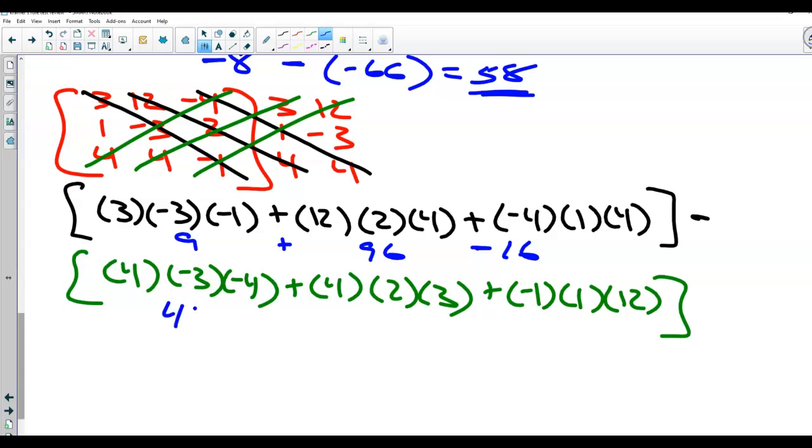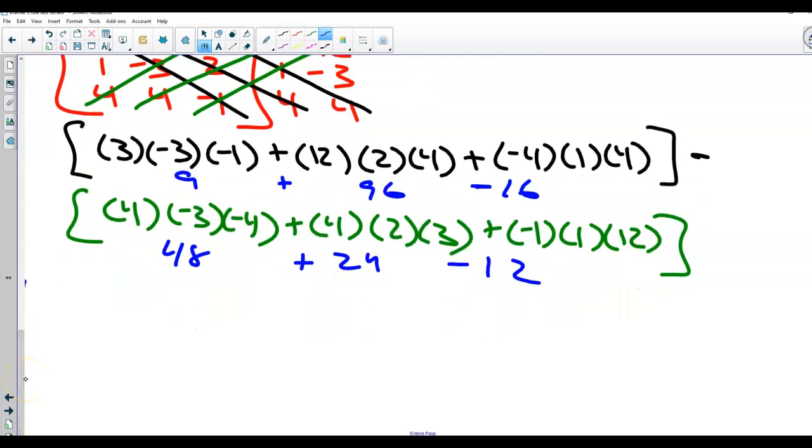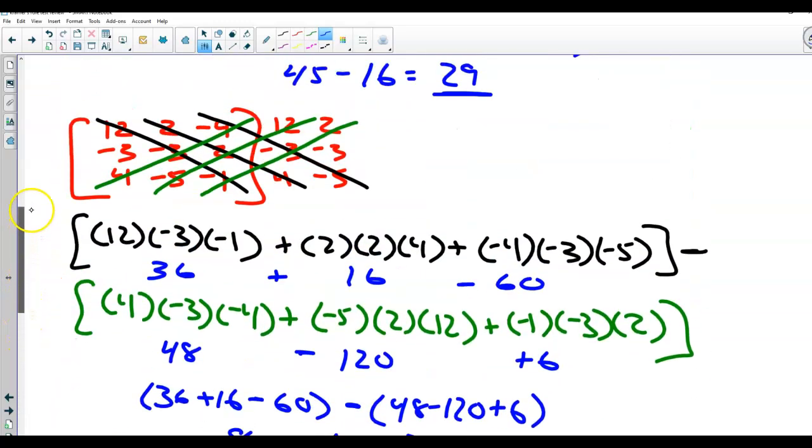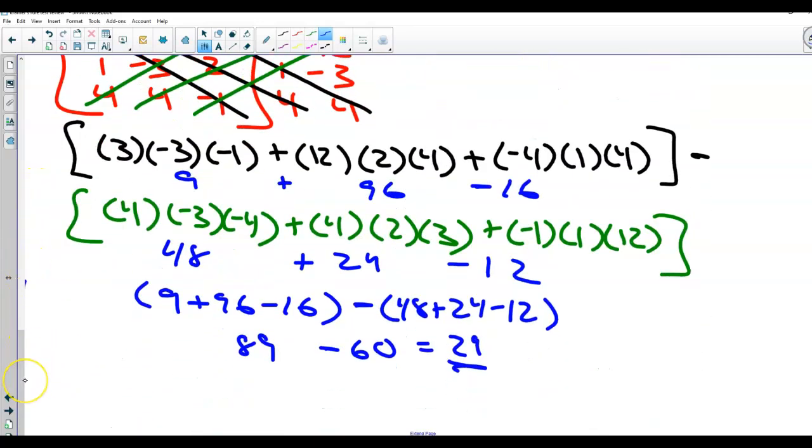Here we get another 48. 24. And we're subtracting 12. So when I go through this one, 9 plus 96 minus 16 minus 48 plus 24 minus 12. So that's an 89 minus 60. That's 29. My y coordinate is going to be 29 over 29. My y is going to be 1.